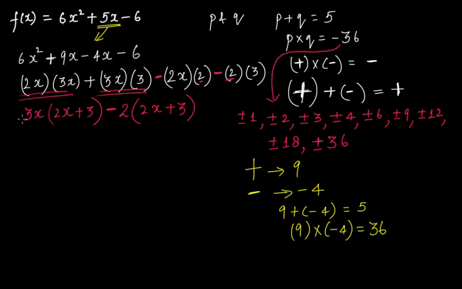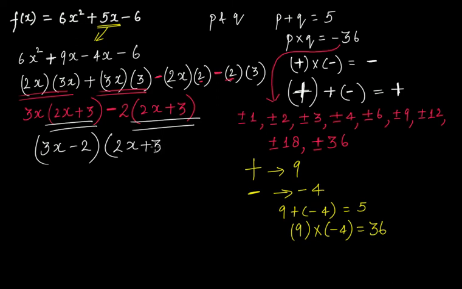Right? Now we have two terms and 2x plus 3 is common in both. Applying the distributive property of multiplication over subtraction, you get 3x minus 2 multiplied by 2x plus 3. Right? So these are the two linear polynomials that are factors of this quadratic polynomial. 3x minus 2 multiplied by 2x plus 3, we have factorized this quadratic polynomial into its factors.